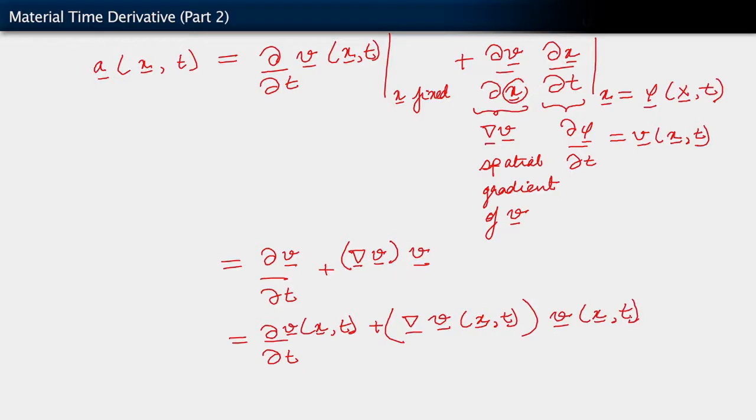And this is simply the same as the Lagrangian description of the acceleration, observing that there is a difference in terms of how we're parameterizing these objects.